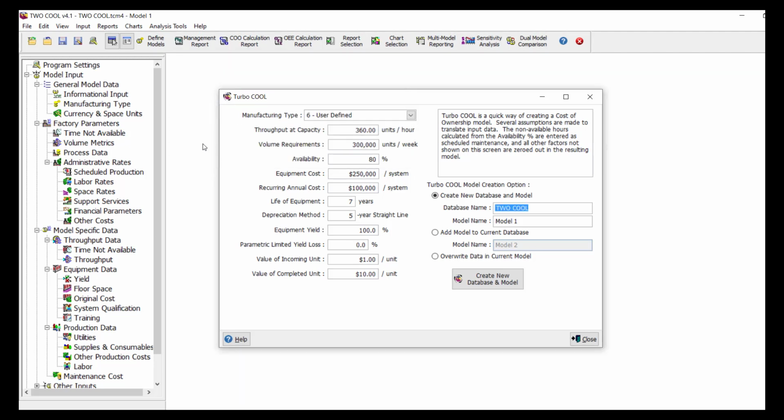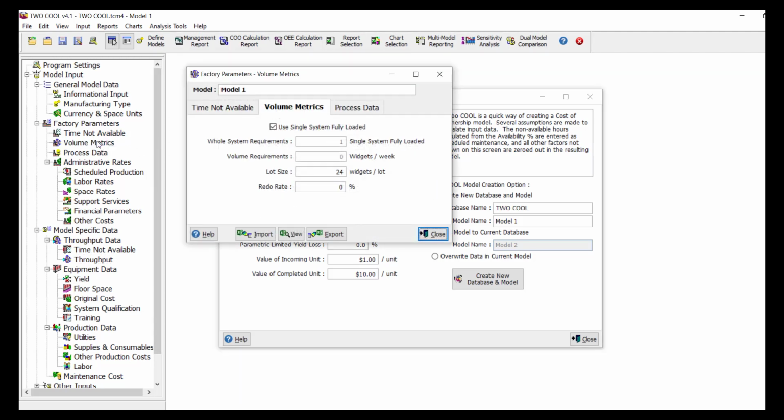Volume requirements is available in the input form called Volume Metrics under Factory Parameters. That section covers inputs that are mostly under the control of the factory owner. Since we entered a 0 for volume requirements in TurboCool, this form is set to Single System Fully Loaded.